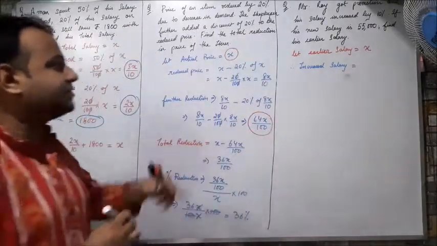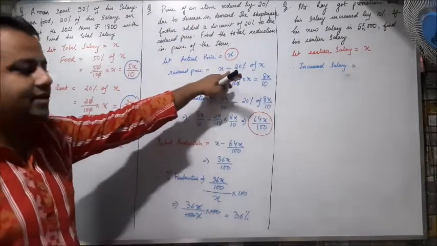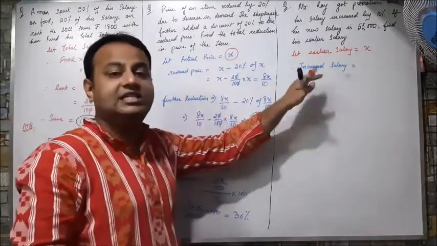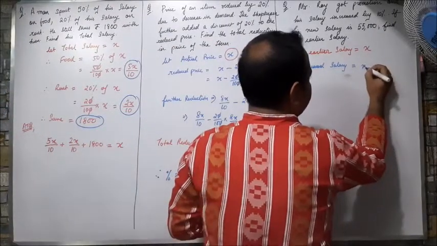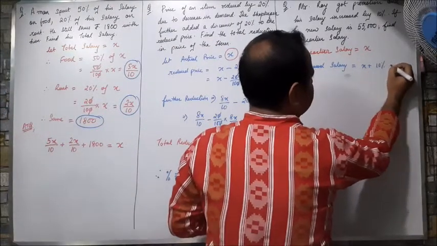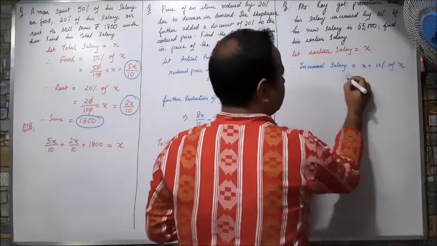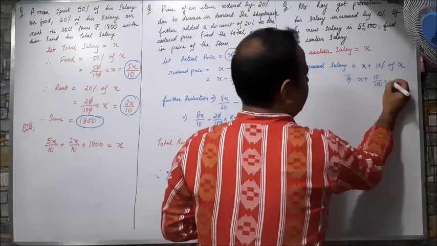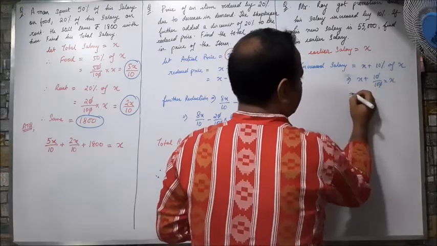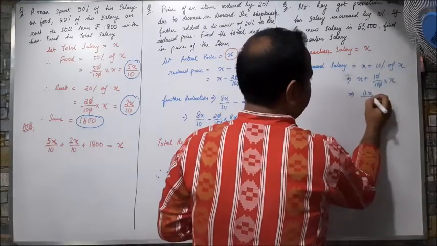Here it was said price was reduced, that's why we subtracted. Here it is said the salary is increased, so I will add. What will I get? x plus 10% of x. That is equal to x plus 10 by 100 into x. That is 11x by 10.